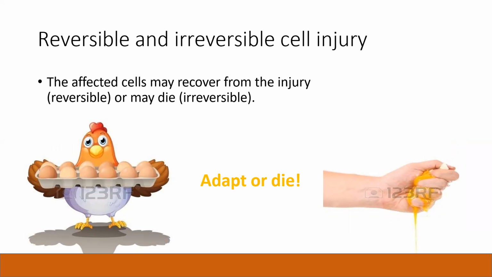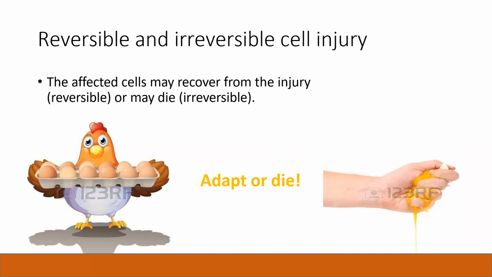Reversible and irreversible cell injury: the affected cells may recover from the injury, that is called reversible injury, recycle, okay, or maintain, repair, okay, or some cells die as an irreversible change.